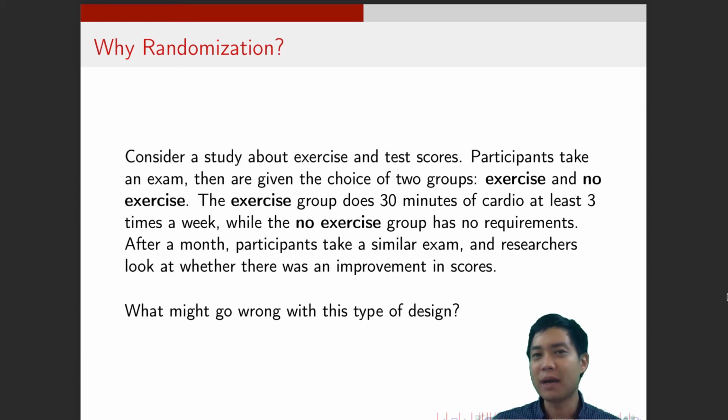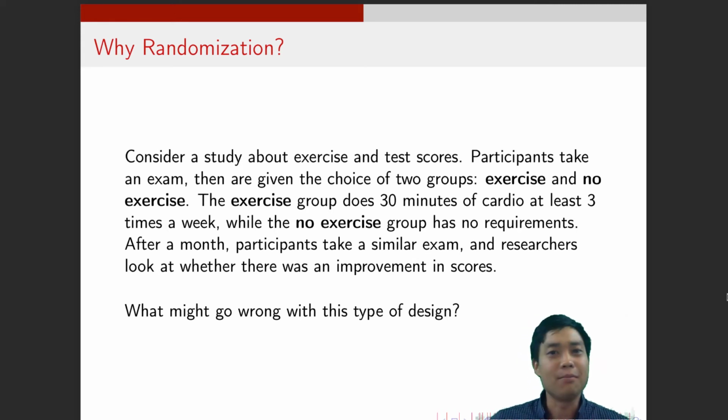Well, if you think about it, participants chose the exercise or no exercise group. Now, what might cause participants to choose one group over the other? Well, maybe participants that are more motivated would choose the exercise group, and participants that aren't particularly motivated would choose the no exercise group. And maybe the more motivated participants would tend to do better on the exam the second time around.